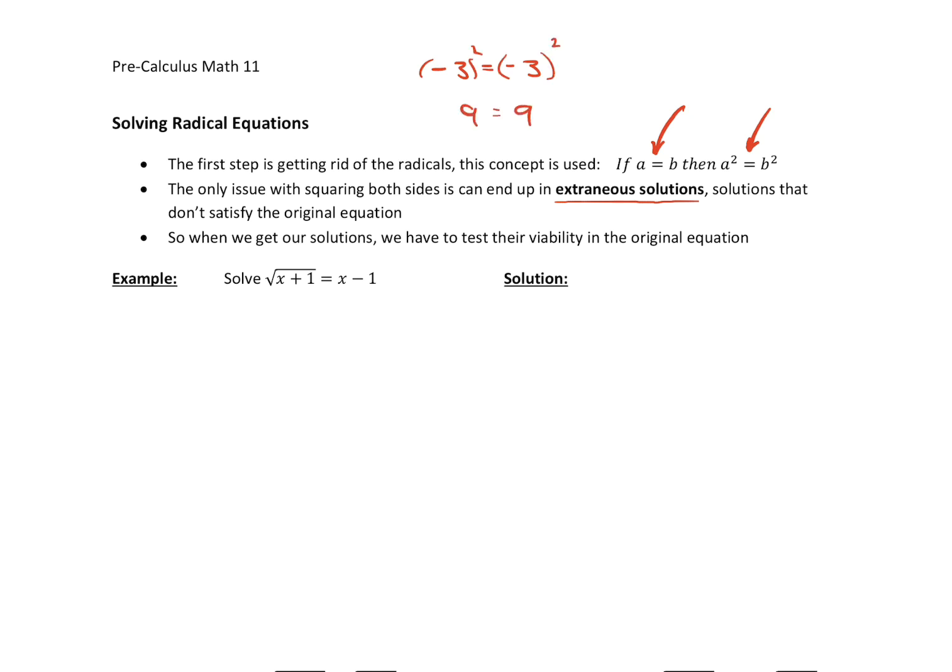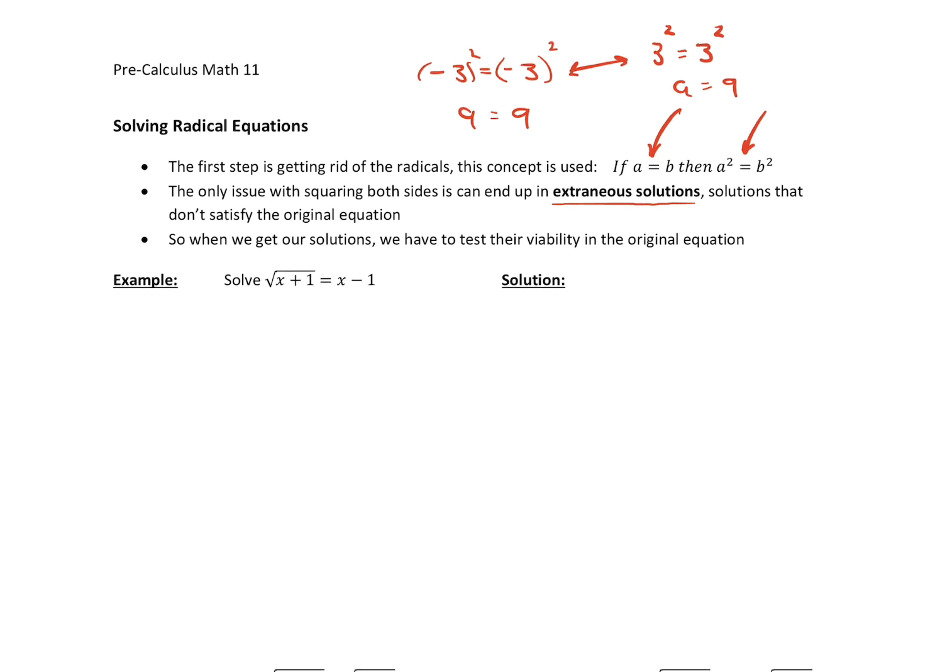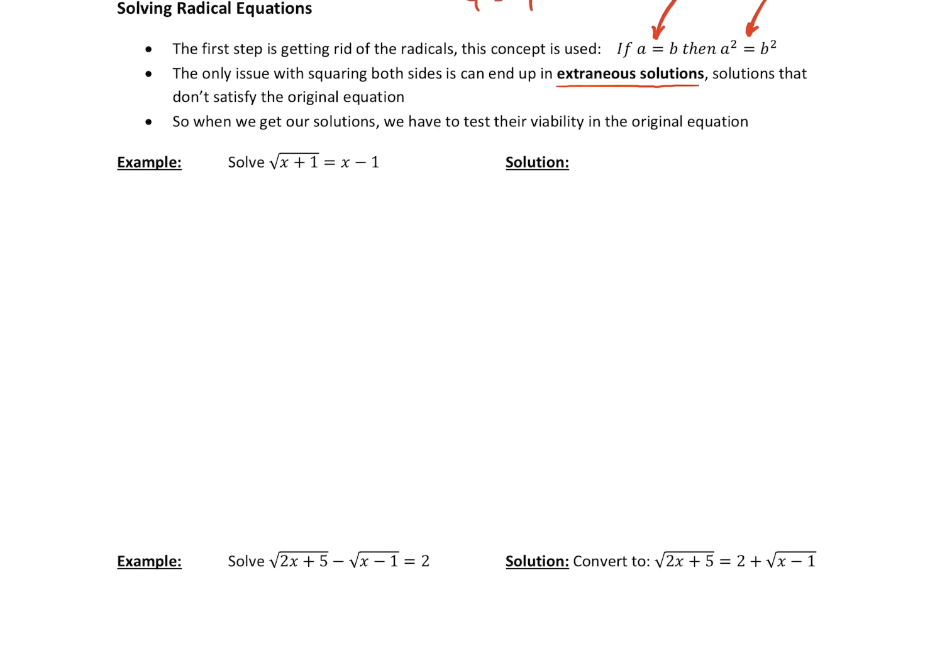And that's true. But if 3 equaled 3 was your original statement, you would also have 9 equals 9. So when you square something, there's an uncertainty as to whether or not we started there, or if both are allowed. So after you've solved, you need to check to see if the values you've solved for satisfy the original solution.